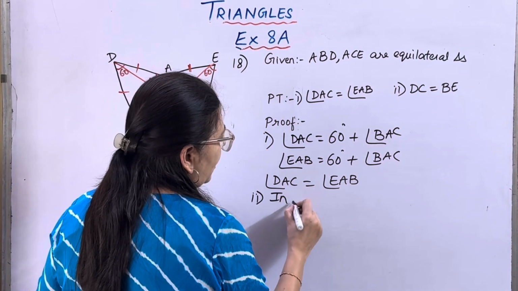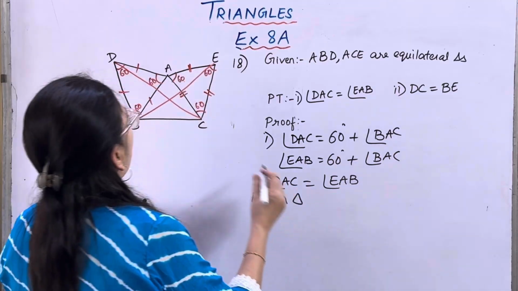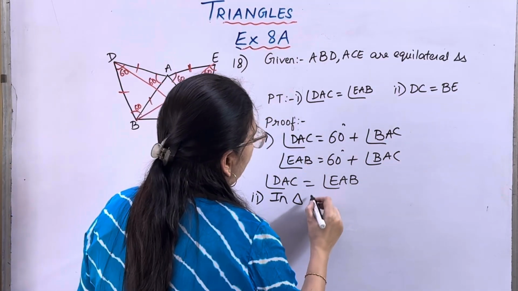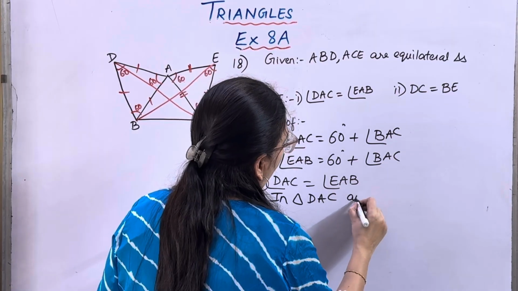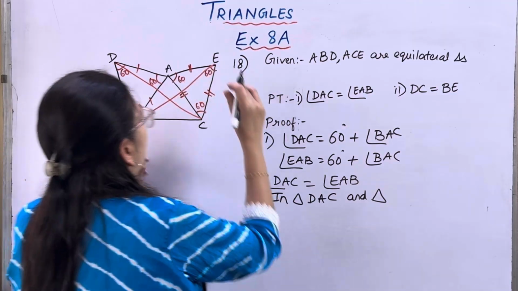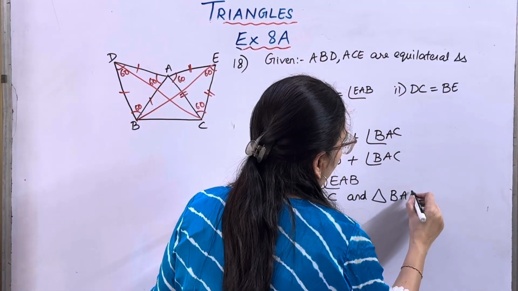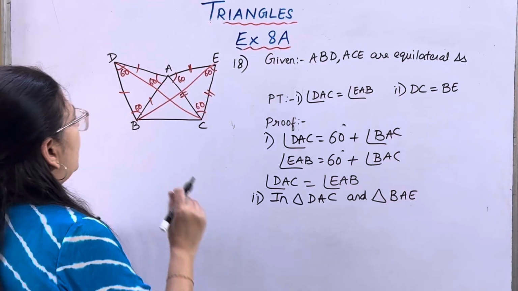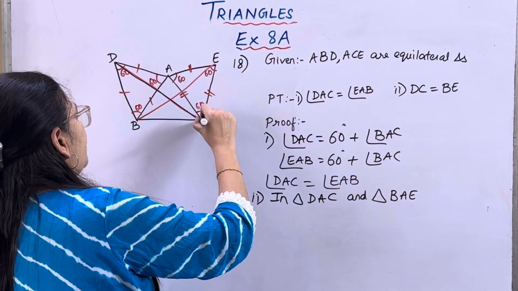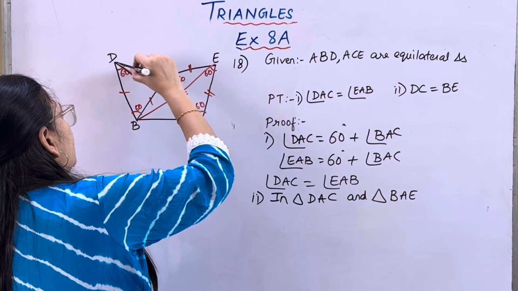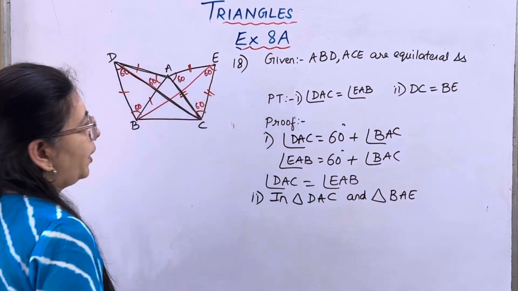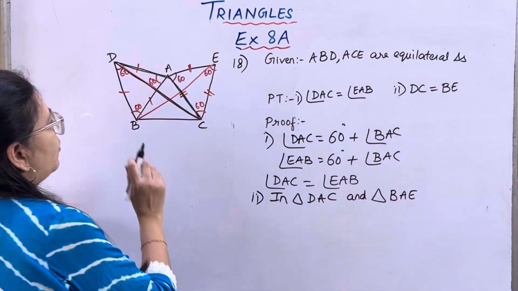To prove DC, we take triangle DAC, and to prove BE, triangle BAE. Now let's just take one triangle first so that you are clear with the concept. I am taking this triangle. Now in this triangle, what do you see?